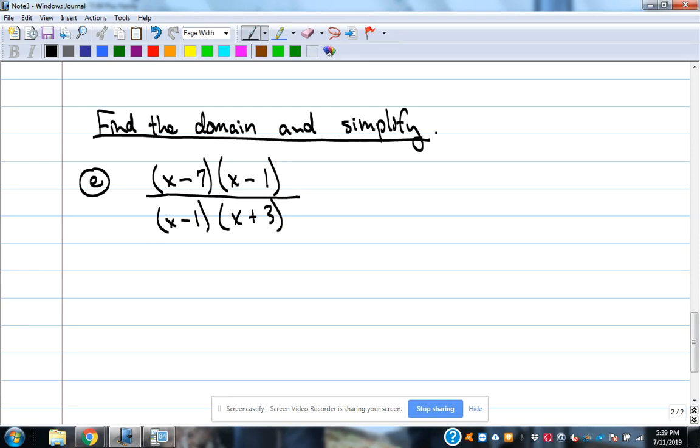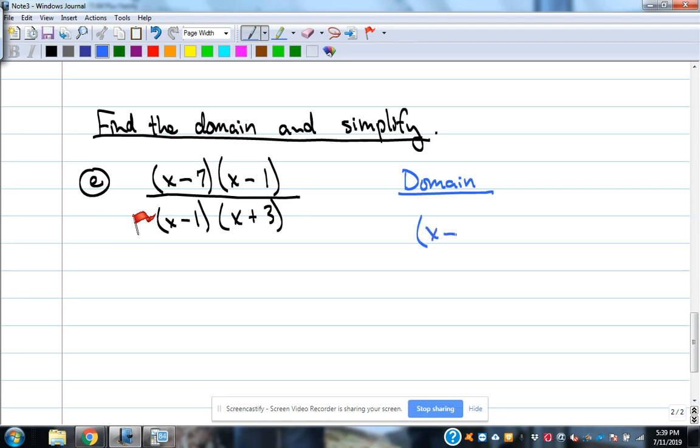So the red flag idea that we had in 100 was that if there was an x in the denominator, you had to do what in order to find the domain? We had to set the denominator equal to 0.